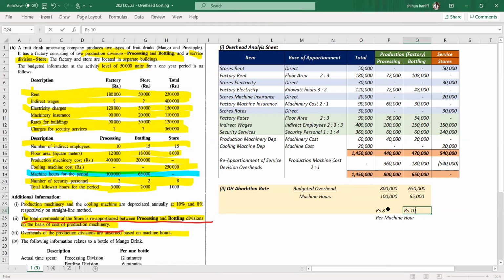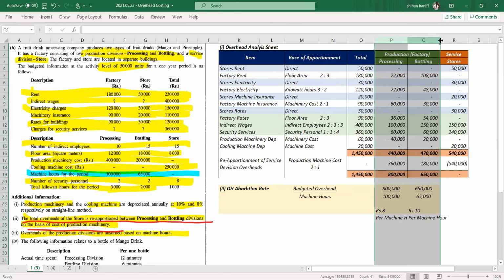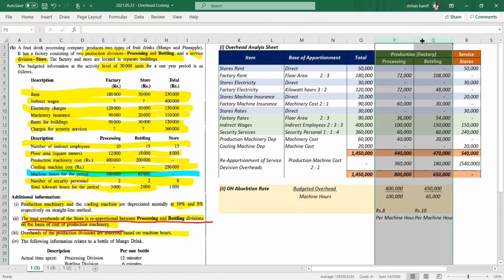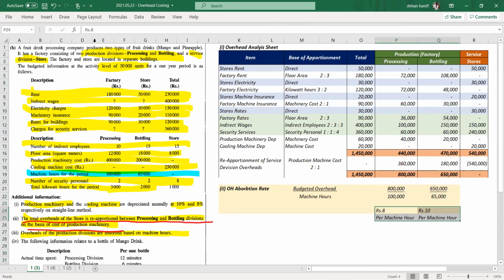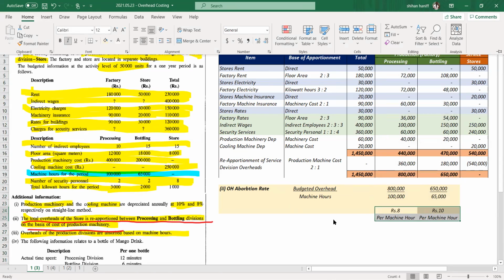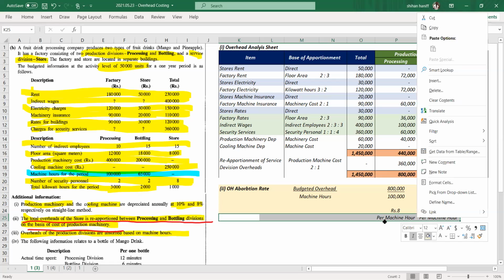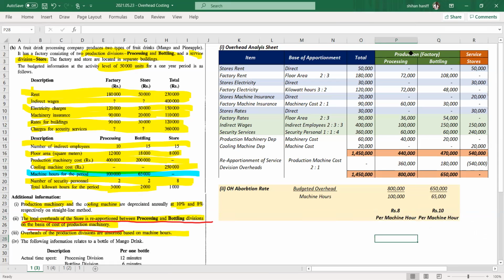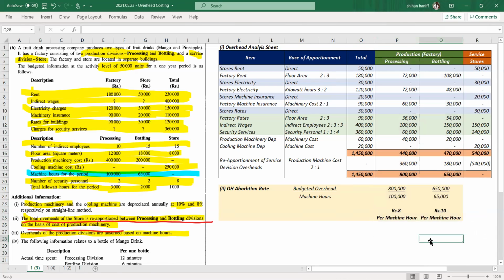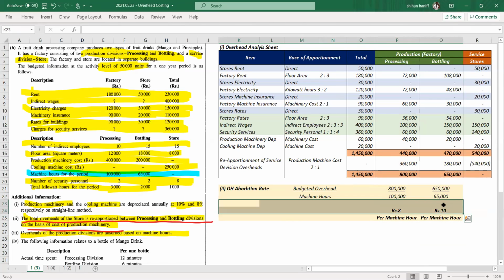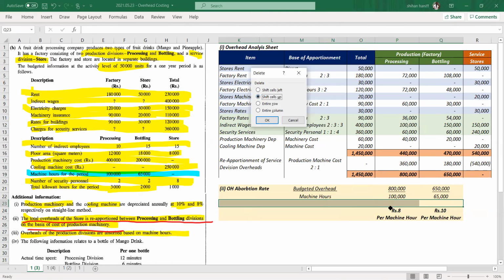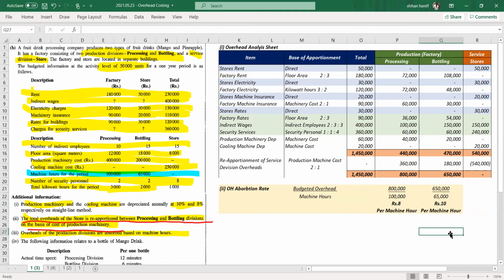And bottling also 10 rupees per machine hour. That is the overhead absorption rate.